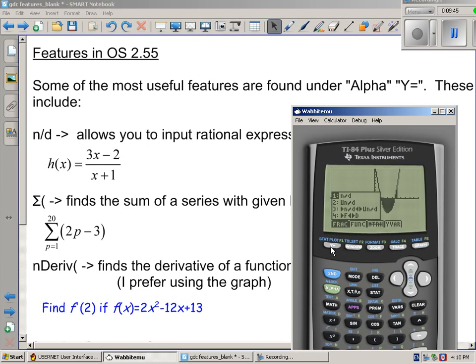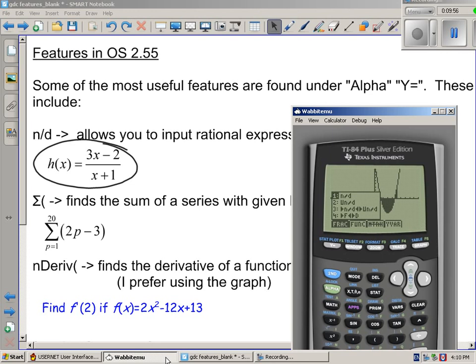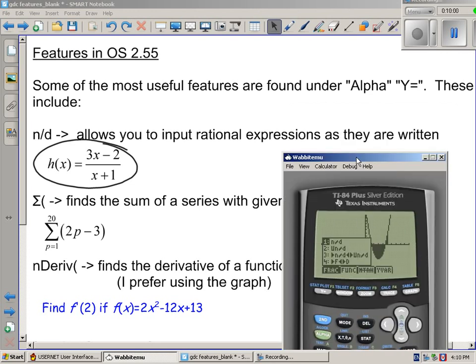This first one, n over d, just means numerator over denominator. So if I'm given this function over here, h of x is 3x minus 2 over x plus 1, I might forget to put in some brackets without having it in actual fractional form. This way I can go y equals, I'll quit here.